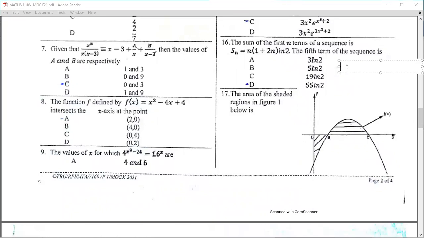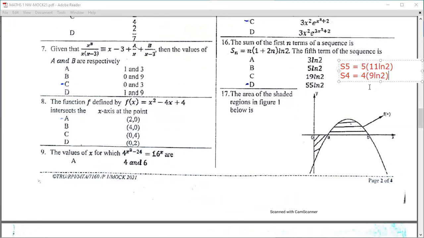So the sum of the first 5 terms, let us call it S5, will be equal to 5 into (1 plus 2 times 5), that is 11 ln 2. What's the sum of the first 4 terms? It should be equal to 4 into (2 times 4, 8, plus 1), 9, so 4 into 9 ln 2.